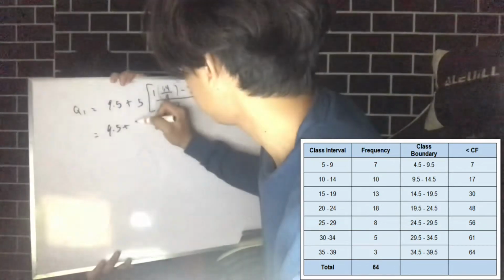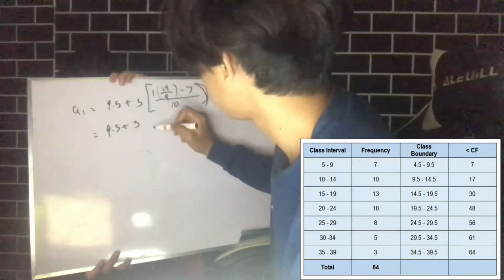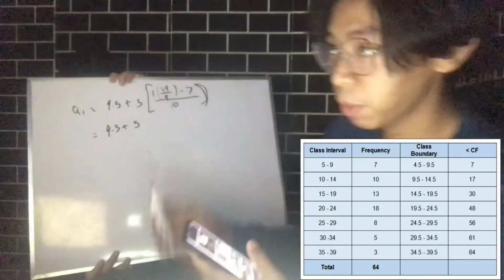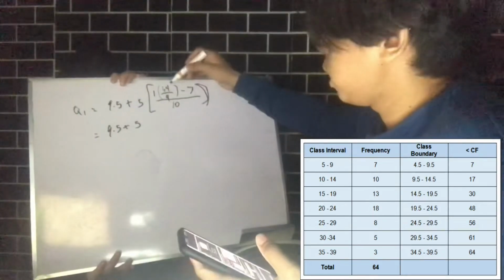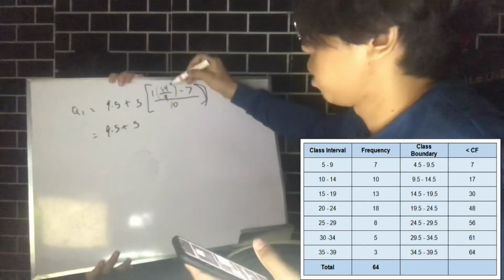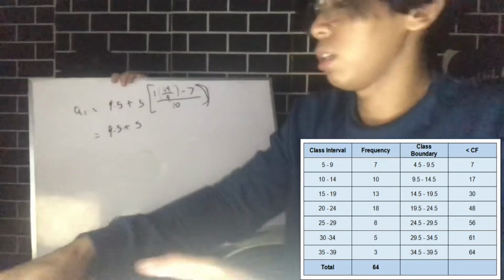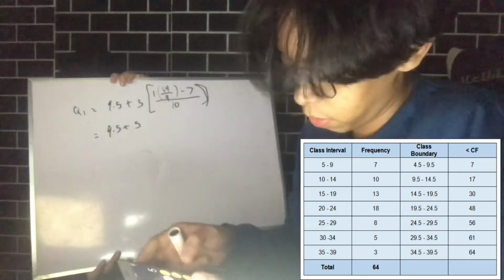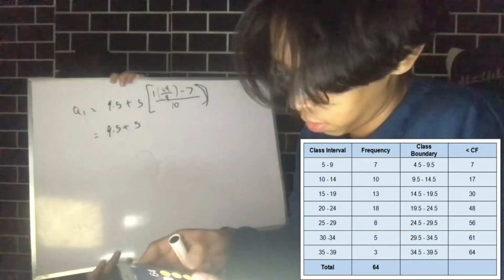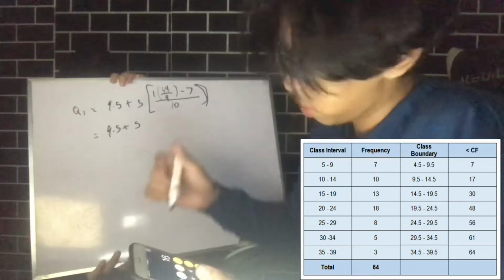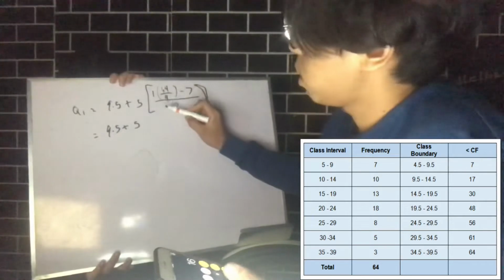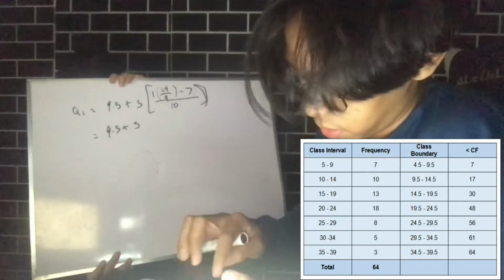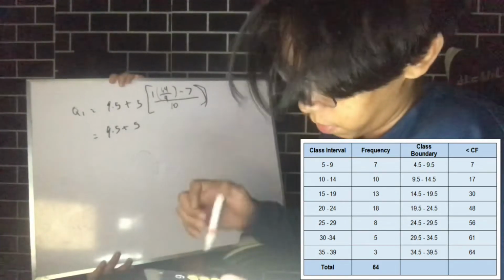Kakopy lang natin siya. So una natin gagawin, ang gagawin pang solution ay yung PEMDAS. So pupunahin natin ito nasa loob ng parenthesis. 64 divided by 4 is 16, times 1 equals 16, minus 7 is 9.